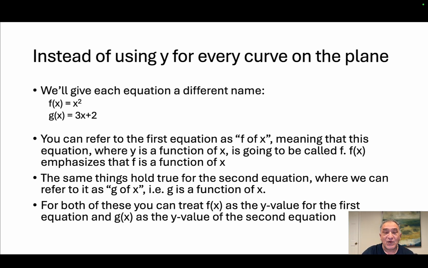In other words, just like y was a function of x, this function we're going to call f is also a function of x. The same thing holds true for the second equation, where we can refer to it as g of x, where g is a function of x, and its y value is calculated using an x value and that equation.